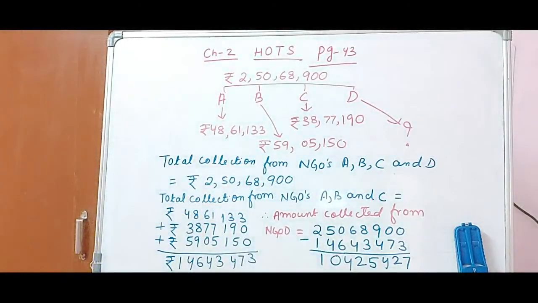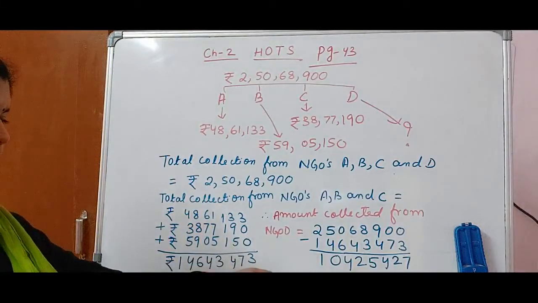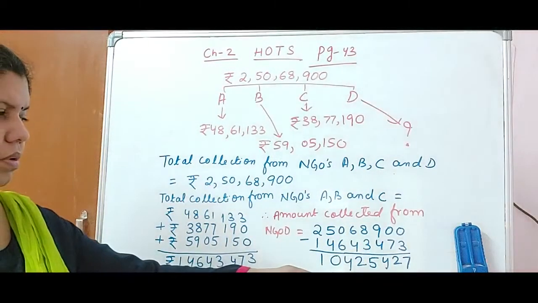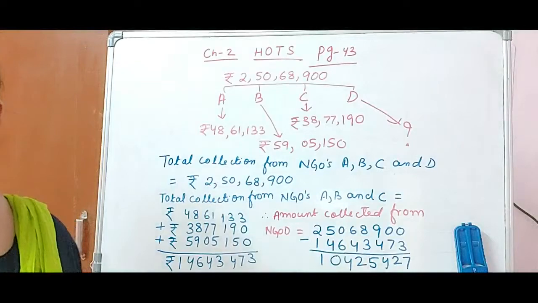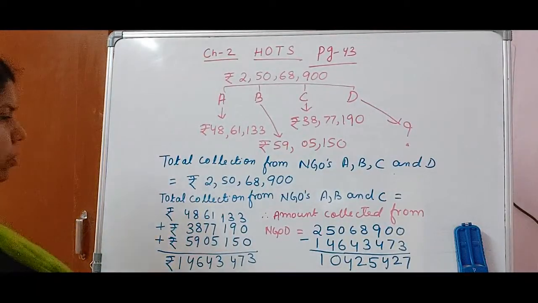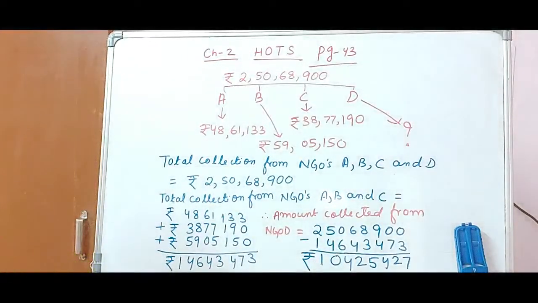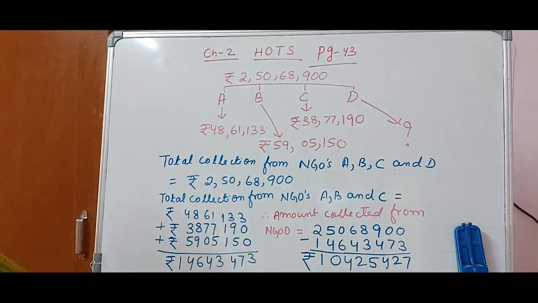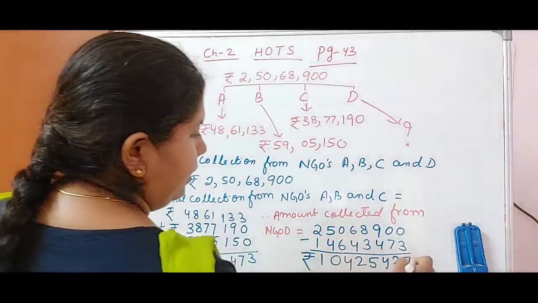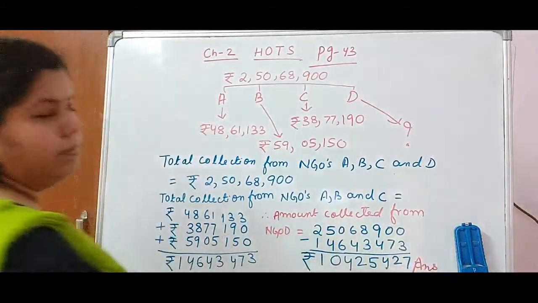So NGO-D, how much did they collect? 1 crore 4 lakhs 25,427 rupees. Don't forget to write rupees here. So this is your final answer.